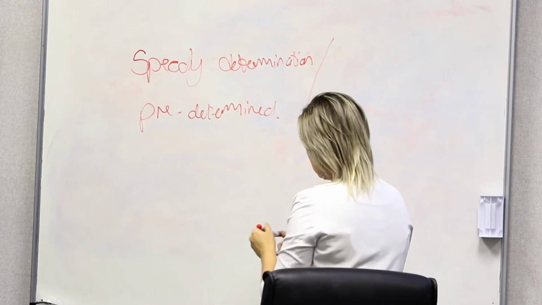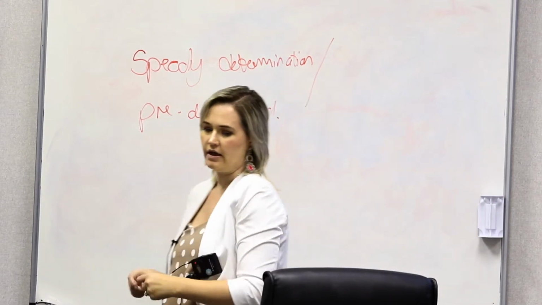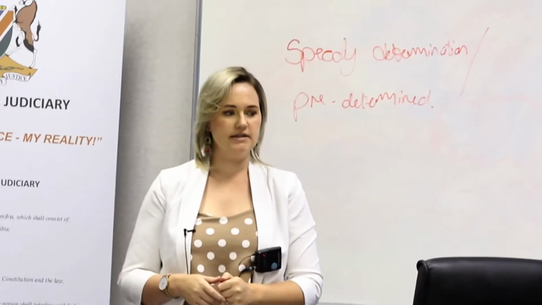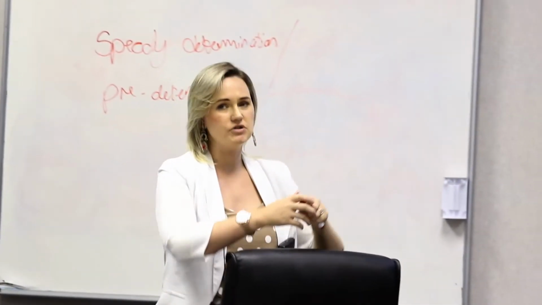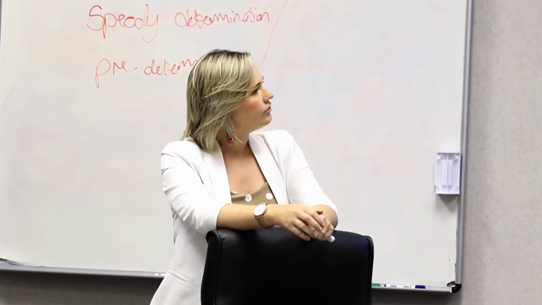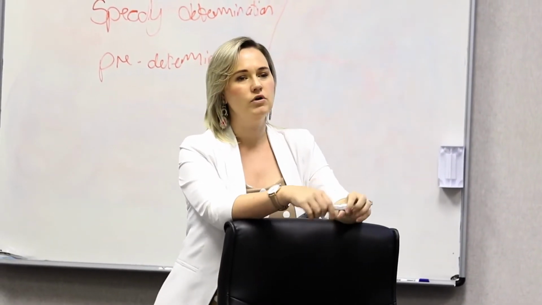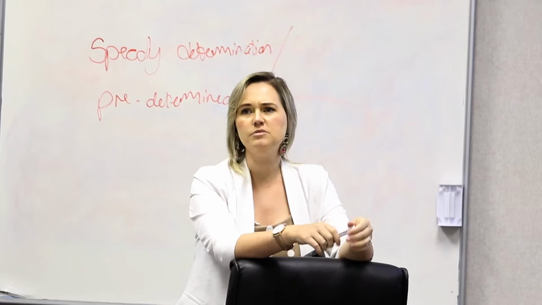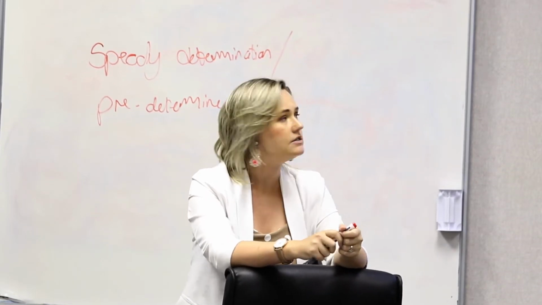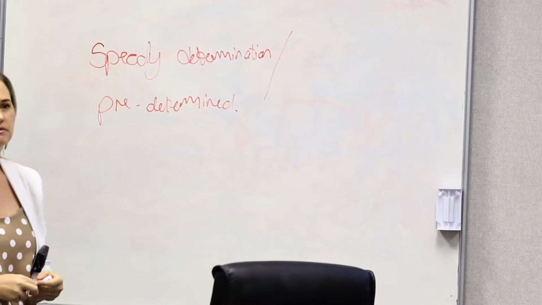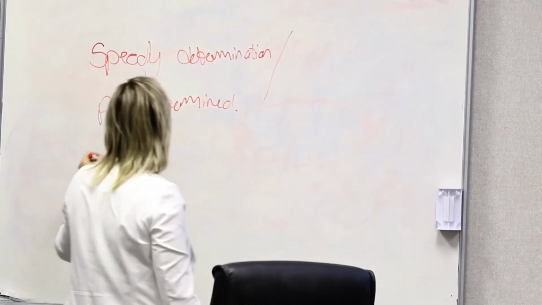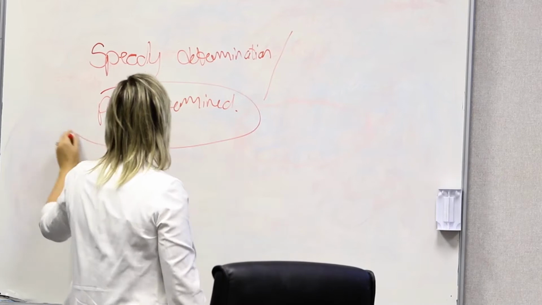So, for instance, you have a contract, and the contract says that I will pay Mr. A 10,000 Namibian dollars. So the claim is for payment, specific performance, payment of that 10,000. That would be a liquidated amount of money that's being claimed. So it's predetermined in the contract.